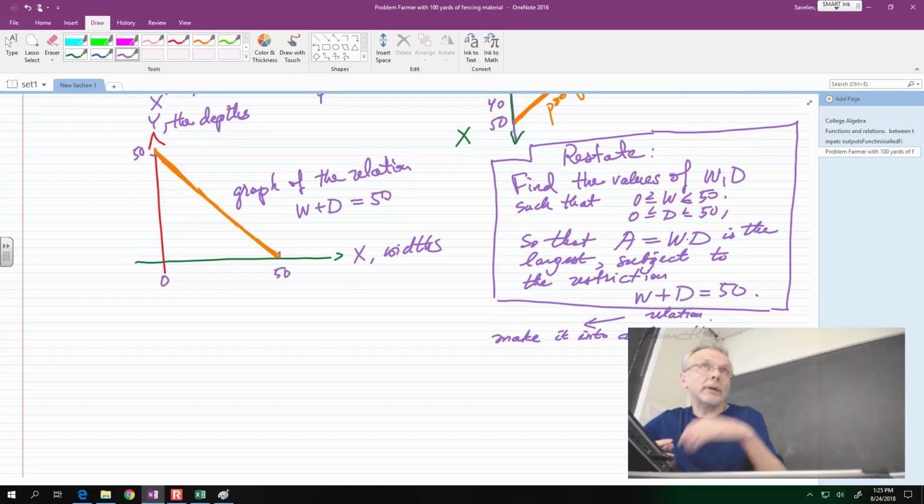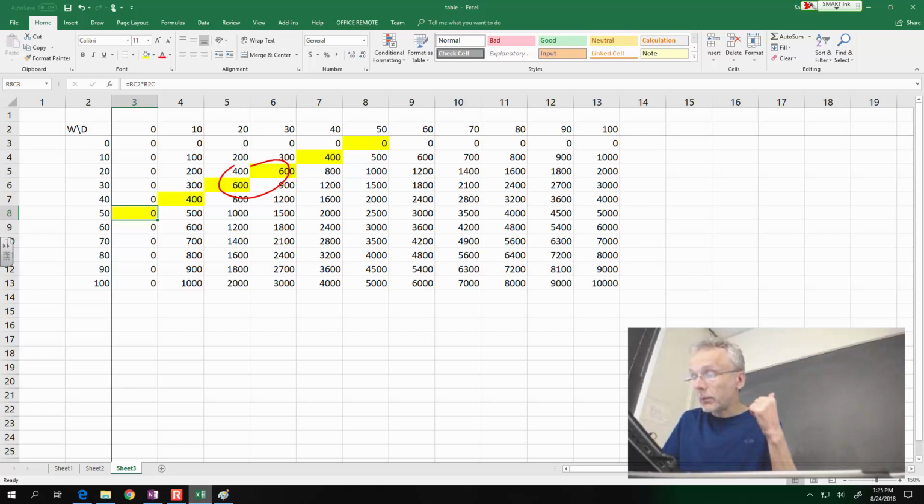So remember the difference between relation and a function. A relation is literally the question: are the two numbers that we have related or not? And the relation tells you they are or they are not. As you can see, if they are marked yellow, they are related. If they are not marked yellow, they are not related. So that's the whole thing about the relation.